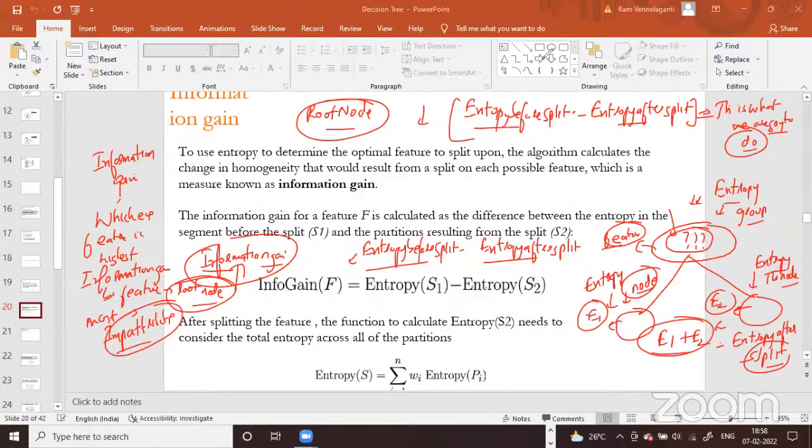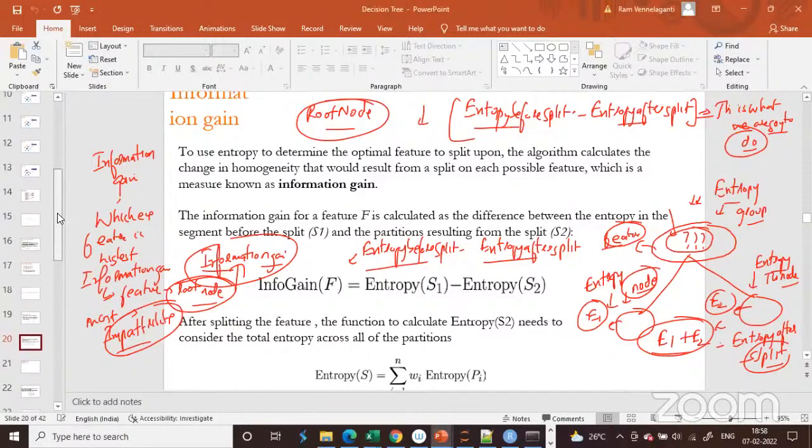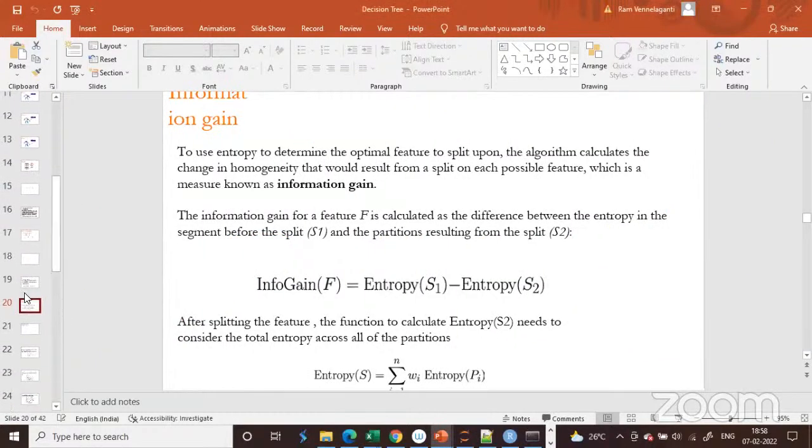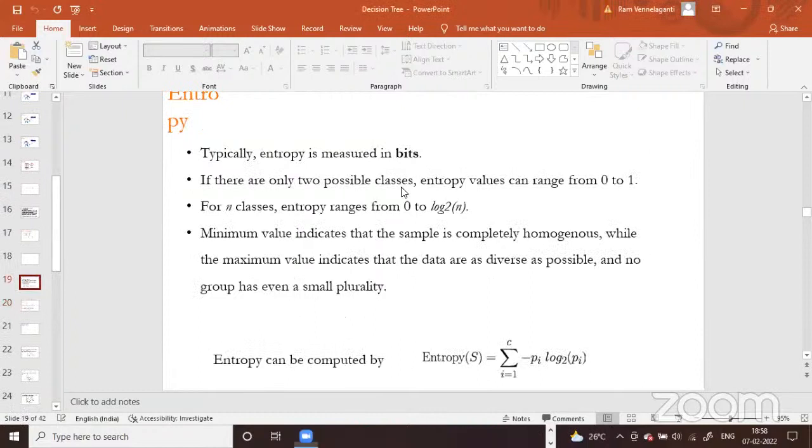So remember all these points, whatever we have discussed so far, right from entropy. All these properties of entropy are important for us. Entropy is measured in bits. This is the unit of measurement. Entropy can have two classes. If entropy is having two classes, then the range of entropy is going to be from 0 to 1.